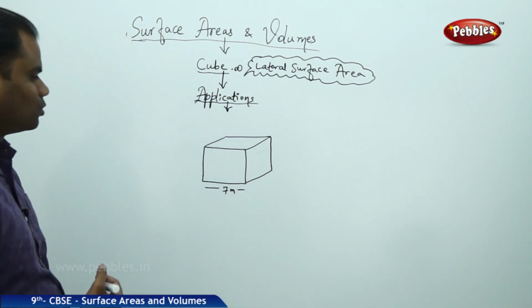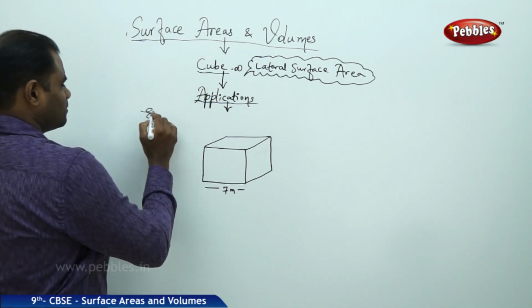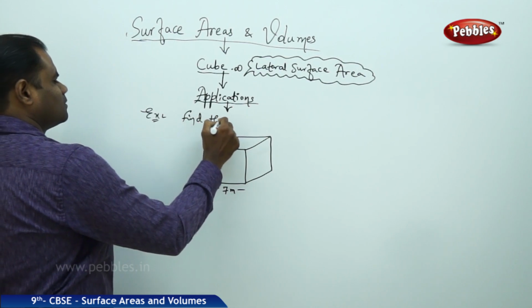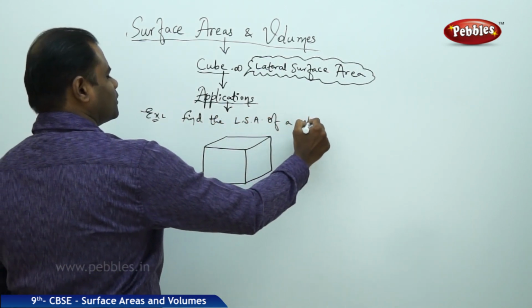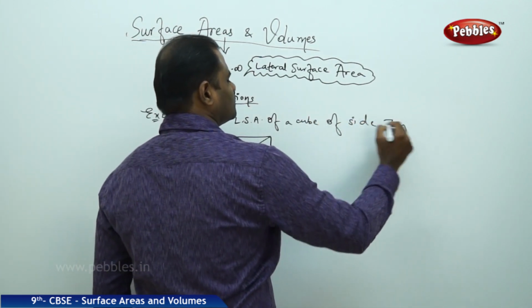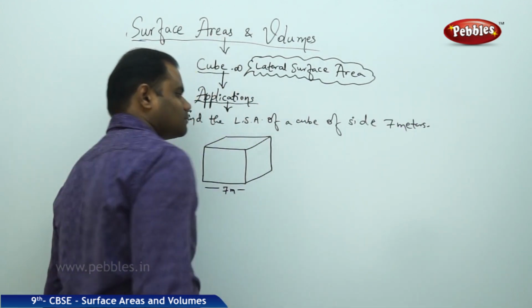Here is a cube of side 7 meters, and my question is, find the lateral surface area of a cube of side 7 meters.